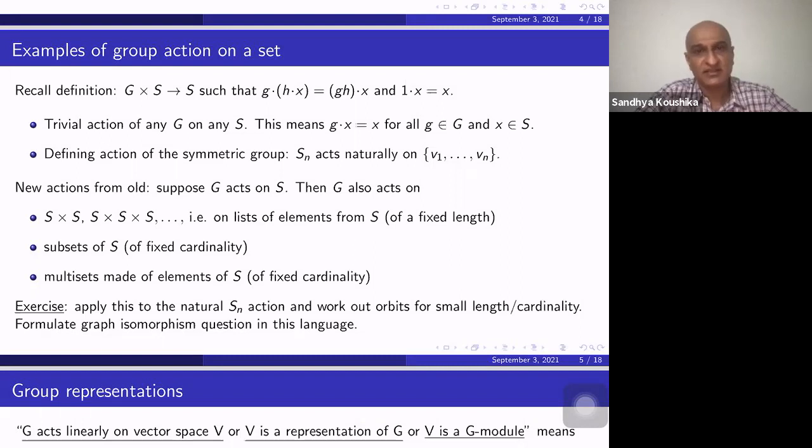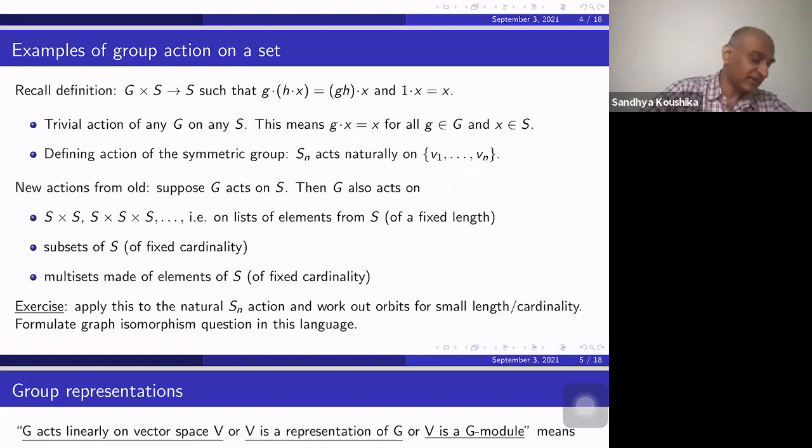If you have a list, then a group element is simply going to take every element in the list and act on it individually. Exactly the same way, the group is going to act on subsets of S. You can take all subsets of S, or you can take subsets of S of a fixed cardinality. So for example, just as a small thing, you can see for yourself what would happen.